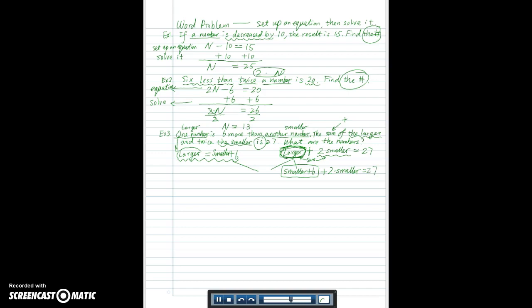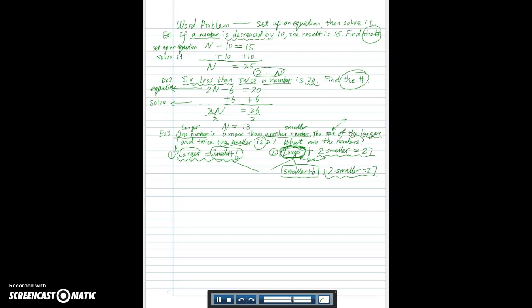So in the second equation, I copy everything else and only replace larger with smaller plus 6, because they're the same thing. Larger is smaller plus 6. Smaller plus 6 is larger.